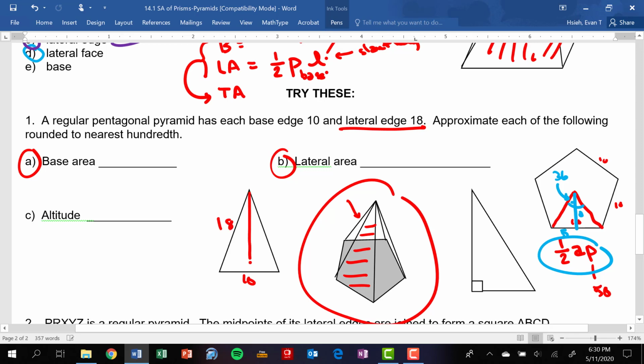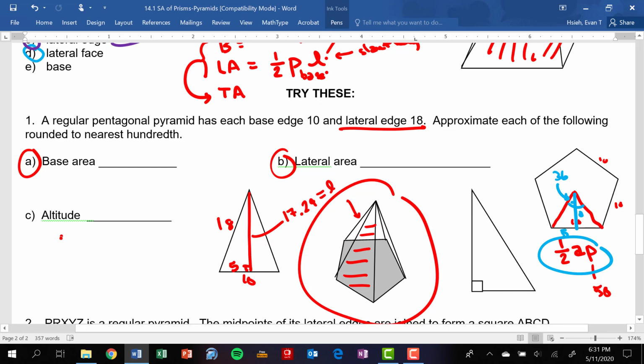So if I draw in an altitude, this will be 5, and I can do the Pythagorean theorem. I know this is a right angle here. Do Pythagorean theorem. I believe if you do it, you're going to end up with 17.29 as the slant height, or the altitude height for that triangle.